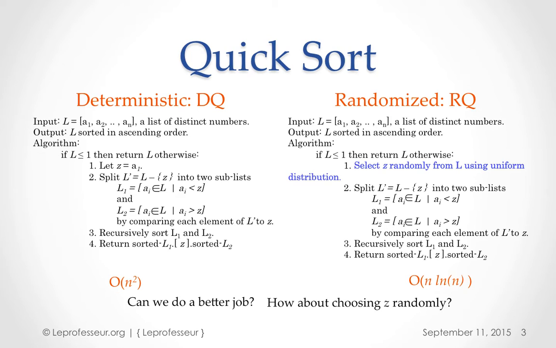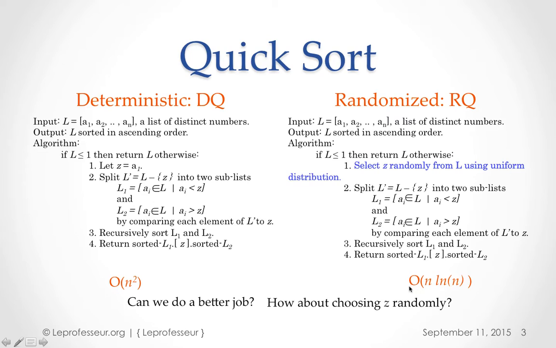It turns out that if we do it this way, our worst case time complexity is order of n log n, or n natural logarithm of n. Good. So far so good.